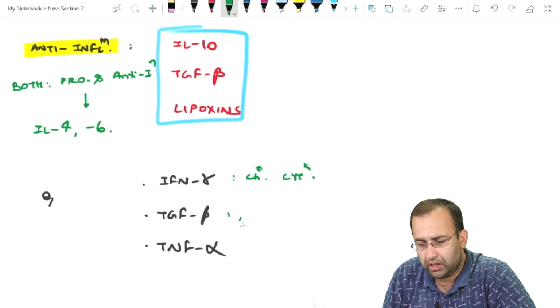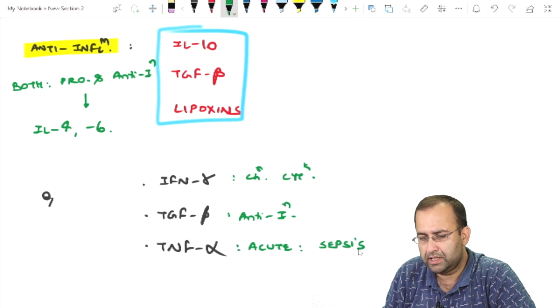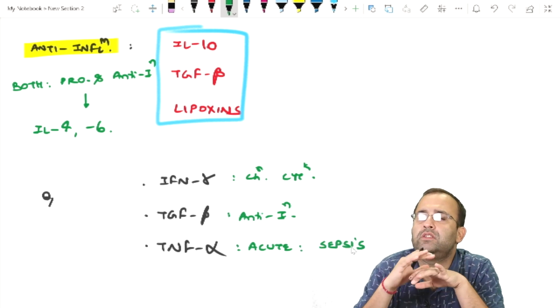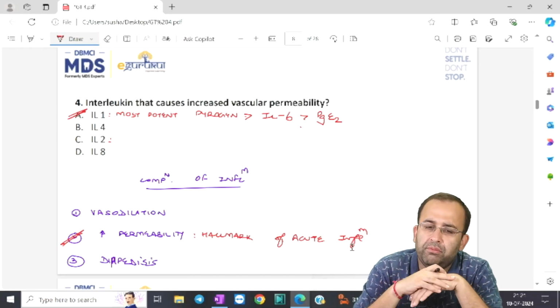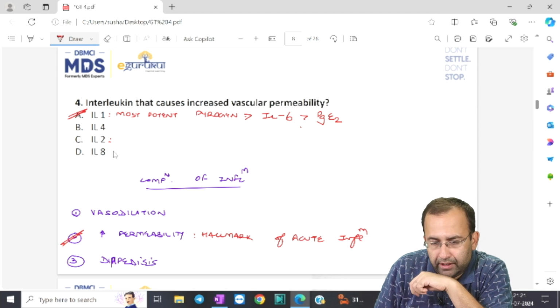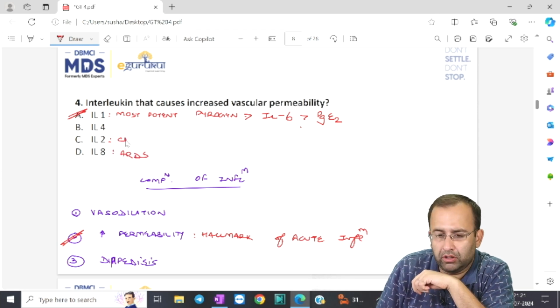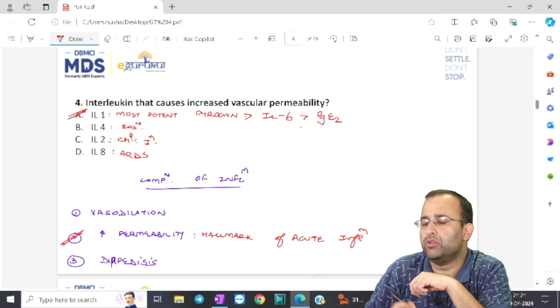TGF beta is anti-inflammatory in nature, versus TNF alpha, which is an acute cytokine playing a major role in sepsis. So the answer to our question is interleukin 1. You already know interleukin 8 in ARDS, interleukin 2, 12 and interferon gamma in chronic inflammation, whereas interleukin 4 stimulates eosinophils.